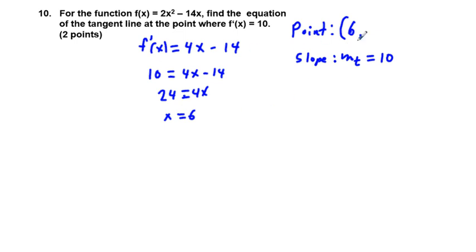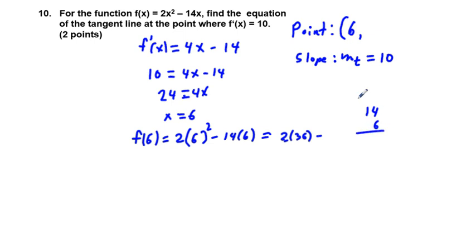To find our y value, we take our original equation. f of 6 is equal to 2 times 6 squared minus 14 times 6. That's 2 times 36 minus 14 times 6, which is 84.